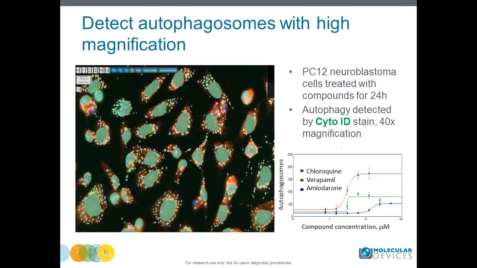And it is very important to define those small objects by imaging. You can see here autophagy particles stained with Cyto-ID, and also mitochondria particles stained with MitoTracker Orange. We measured the number, area, and intensity of autophagy particles and compared effects for several inducers of autophagy.